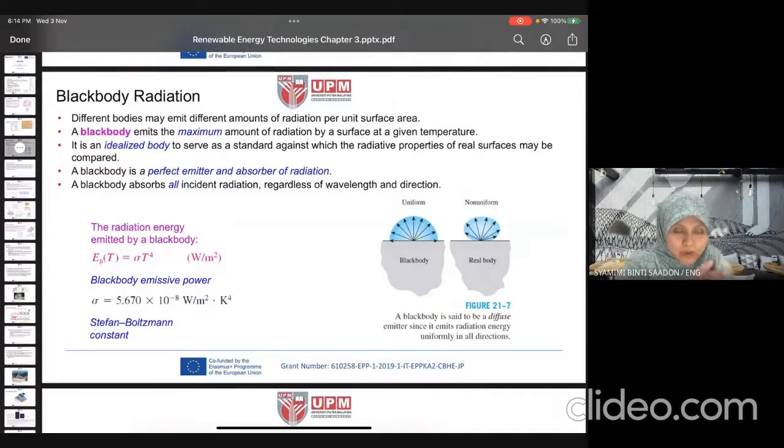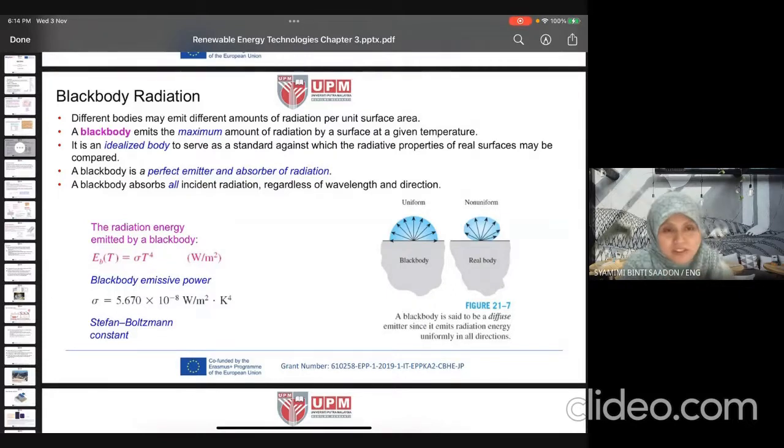Basically, when we want to characterize the amount of radiation energy, we compare it with the black body radiation. This black body radiation is like a reference if we want to compare the emissivity.